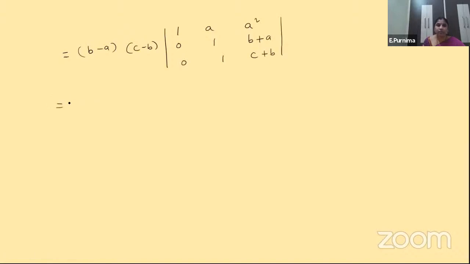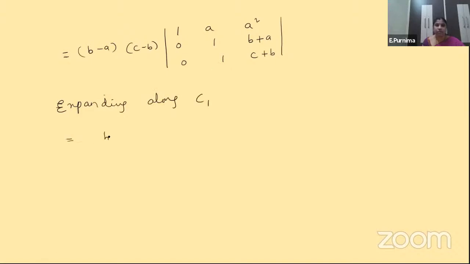So let us expand now. Expanding the determinant, children, along where you have zeros, in the first column. Along C1 I am trying to expand.